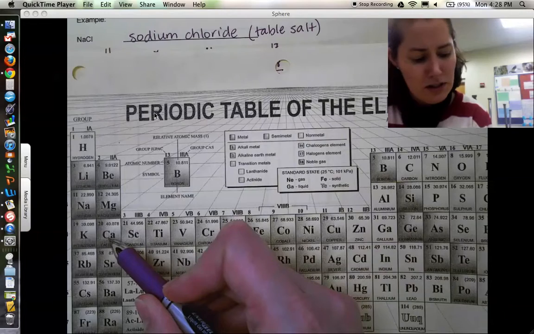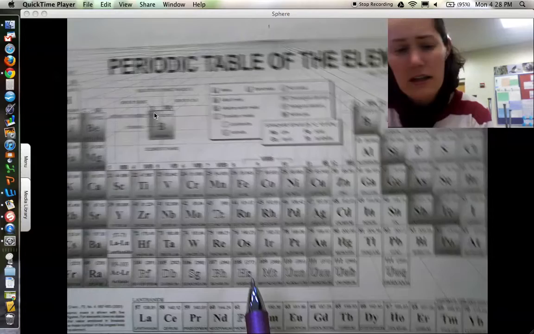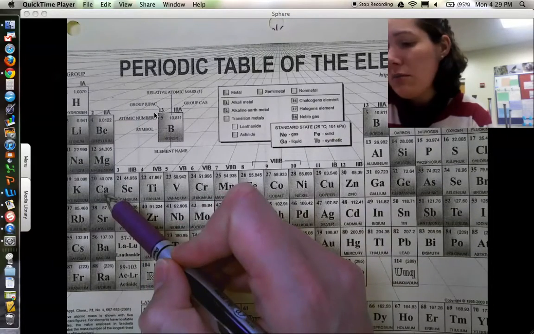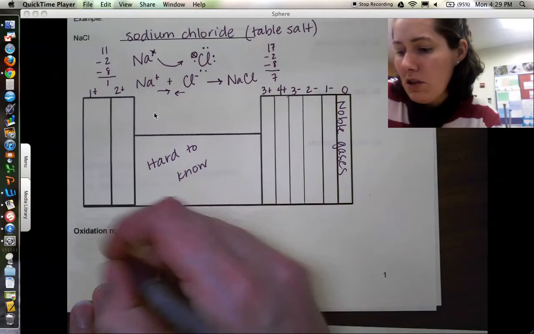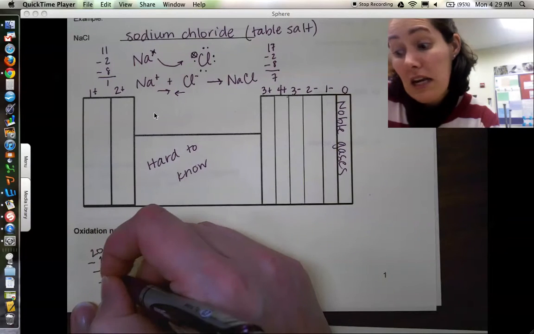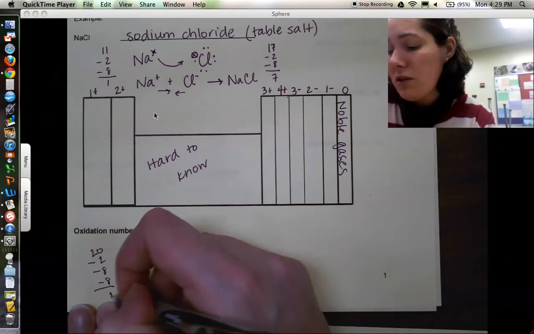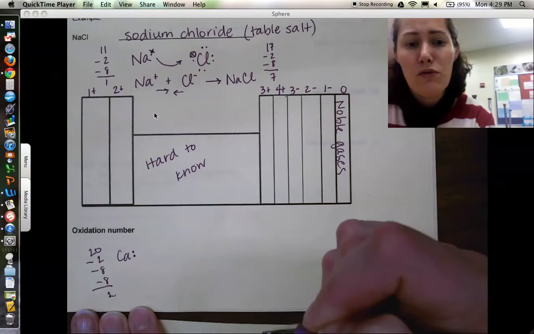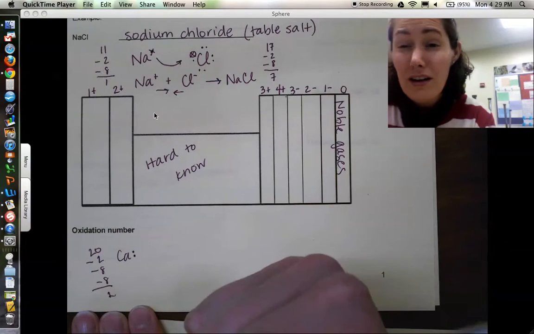If I were to do a Lewis dot structure of calcium, it has an atomic number of 20, so calcium is going to have 20 minus 2 minus 8, and minus 8 again will leave us with 2. So calcium is going to have 2 electrons on the outer energy level that are not in an octet.